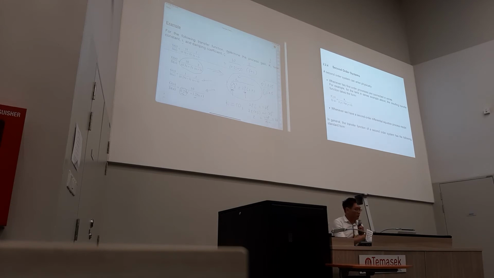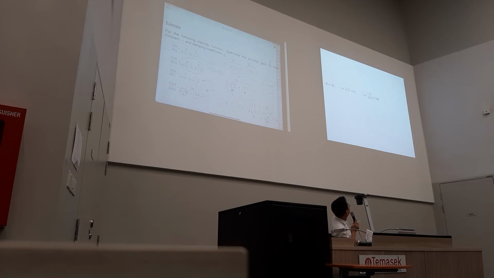So for this case, if you see a second order transfer function or second order process, you must always remember to convert it into this format, and then from there compare to the value that you have in order for you to find gain, tau, and also the new coefficient that we introduced today, which is the damping coefficient. This is what we have over here.